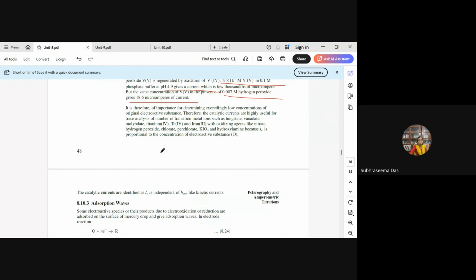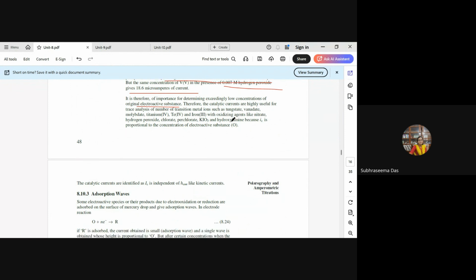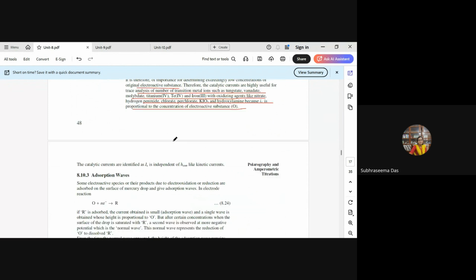It is therefore of importance for determining exceedingly low concentrations of the original electroactive substances. Catalytic currents are highly useful for trace analysis of transition metals like tungsten, vanadate, molybdate, titanium, tellurium, and iron with oxidizing agents like nitrate, H2O2, chlorate, perchlorate, potassium iodate, and hydroxylamine, because the IC is proportional to the concentration of the electroactive substance.